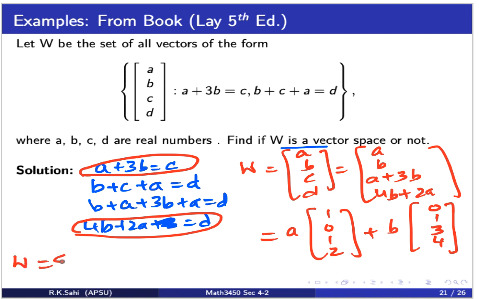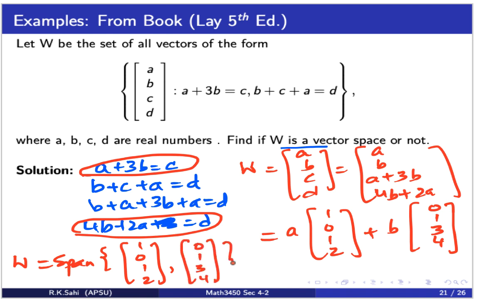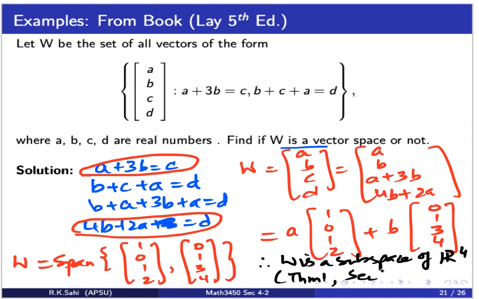So W is nothing but the span of the vectors 1, 0, 1, 2 and 0, 1, 3, 4. Therefore, W is a subspace of R4 by Theorem 1, Section 4.1, and hence W is a vector space. Okay?